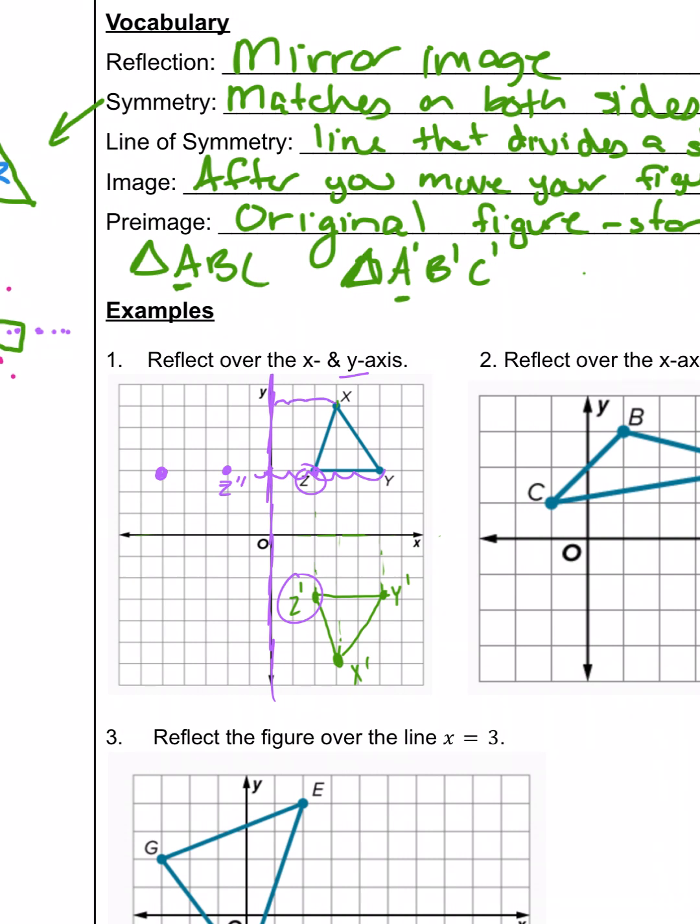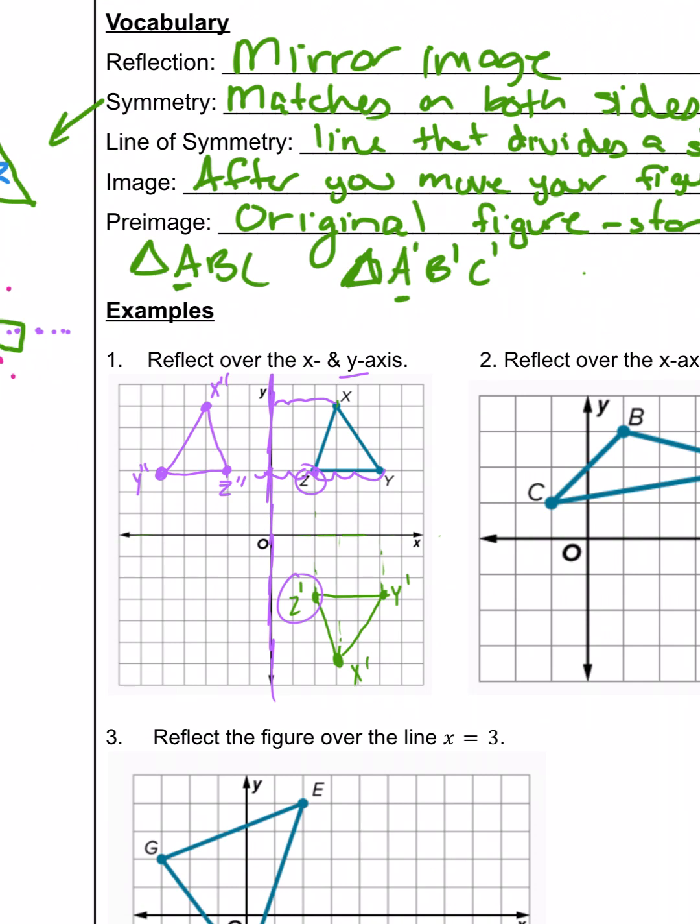So then we go 1, 2, 3 to the left. Oops, and I didn't label this. This should have been Y prime prime or double prime. And this would be X double prime. And then we can draw our lines. And there's our triangle reflected across the y-axis.